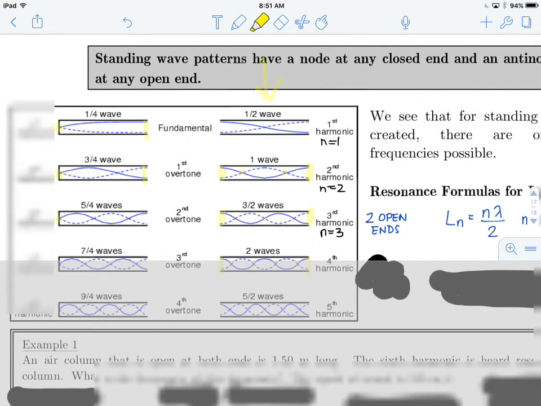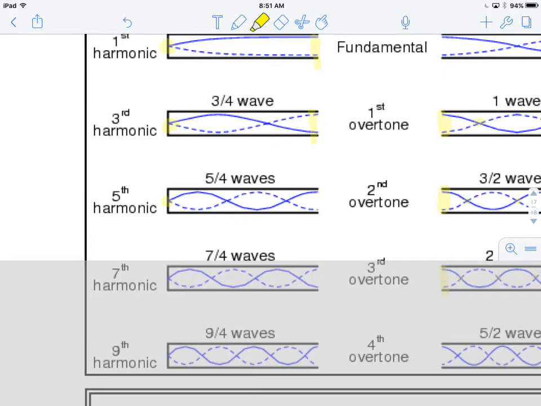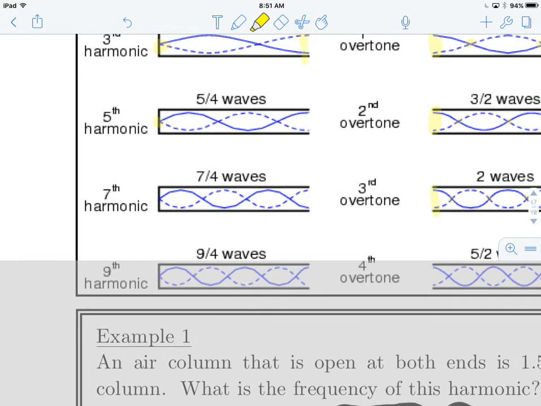But in this situation, we never get those full wavelengths. We're always dealing with quarters. We have 1/4 of a wave, and then we have 3/4 of a wave, because this would be the next length that we could fit into here. Here we'd have 5/4 of a wave. Here we'd have 7/4 of a wave, and 9/4 of a wave.